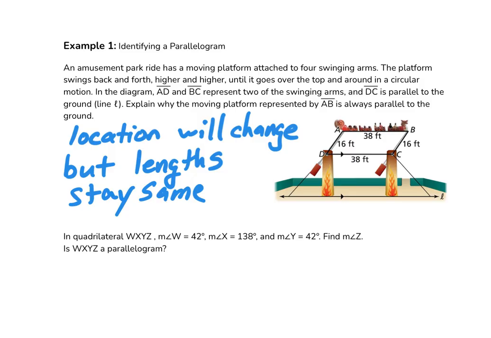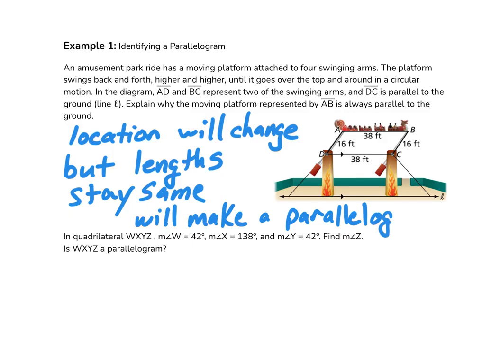The ride's not going to offset. That would kind of give you a tipping feeling. In this case, it's going to stay planted right here, and the top and bottom would always stay the same. It's going to sway back and forth, but it will make a parallelogram. The biggest thing that we know is that because opposite sides are congruent, that makes this figure a parallelogram.